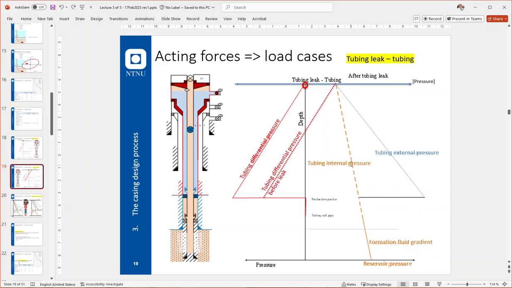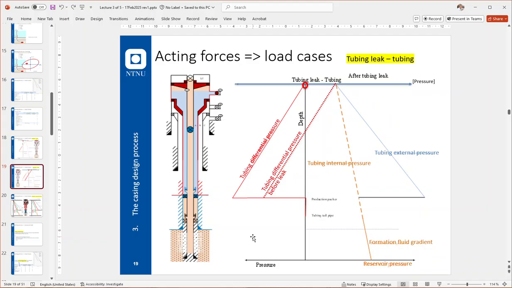The internal pressure of the tubing would remain the same, and for the differential pressure over the tubing, before the leak and after the leak, we see the difference here. The differential pressure is much higher, and this is for the tubing a collapse load.